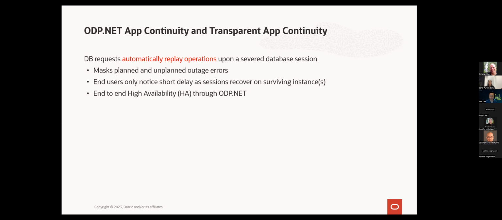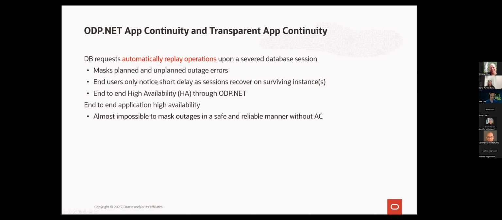It allows you to recover your transaction state and your session state on the surviving nodes, and for the end users, all they see is a delay before they can continue on with their work. This works in RAC, this works with Active Data Guard, and it works with RAC One Node, so you can use it for any of those options.